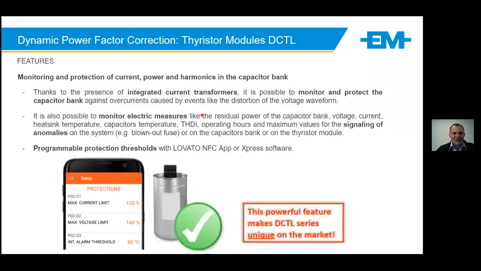Features, again. Internally inside the unit, there are a lot of protection settings: THDI level that may be too high, a current limit, a voltage limit, operating hours, multiple measures that can be programmed as protection thresholds on your capacitor bank.